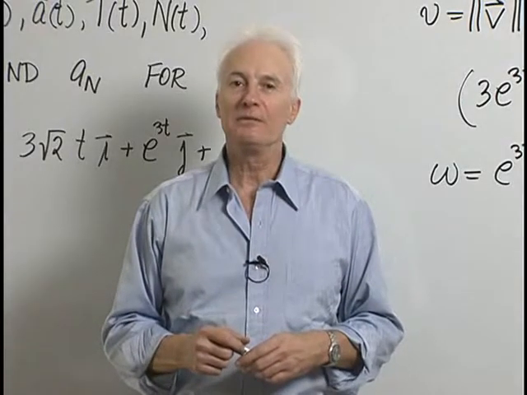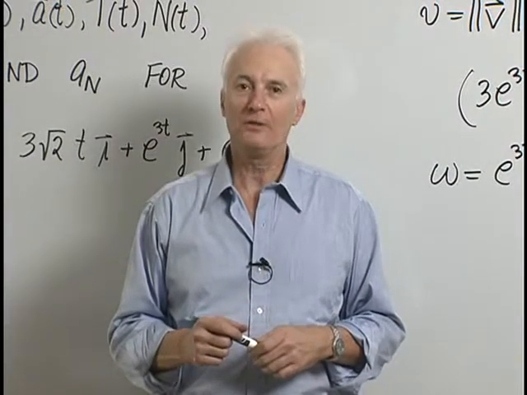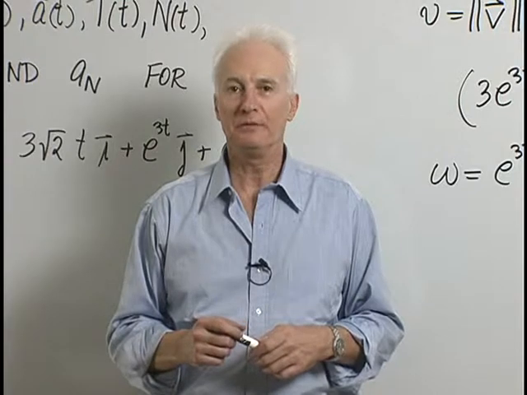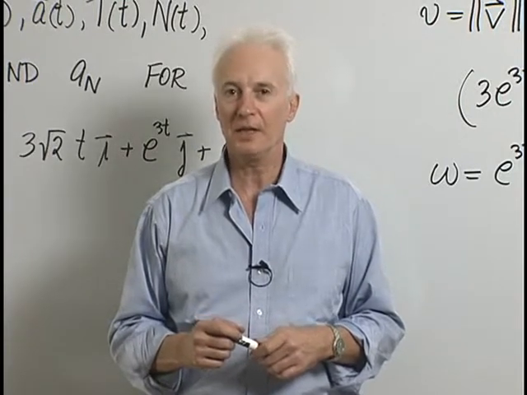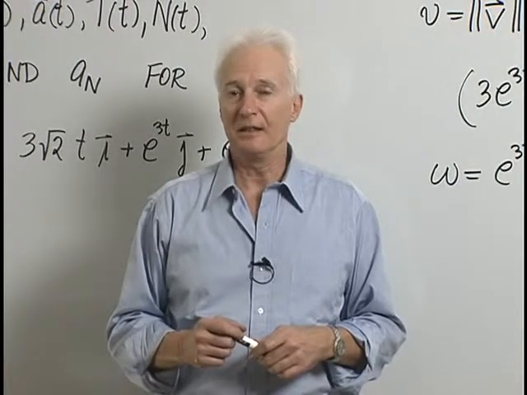All right, now that we've seen how the definitions of the unit tangent vector and the unit normal vector work and how we can compute the various components of acceleration, let's actually apply this in a specific example.